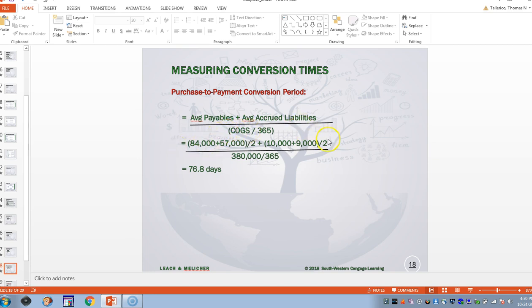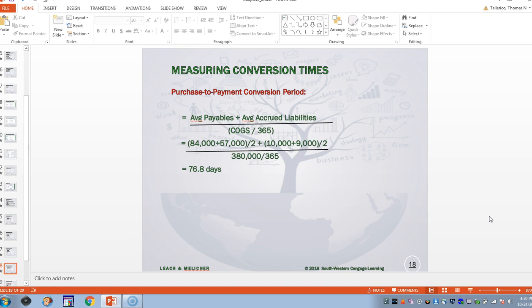And the numbers are here. If you have any trouble finding these numbers, please let me know. So the moment where I make a purchase to when I have to pay my vendor is going to take us almost 77 days. So this would be like me taking 77 days to pay my light bill. So if I buy something, I have about 80 days to pay it off.